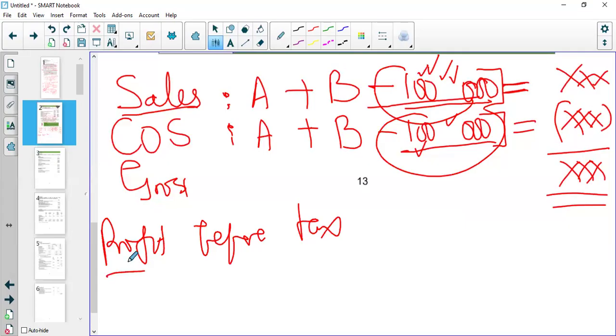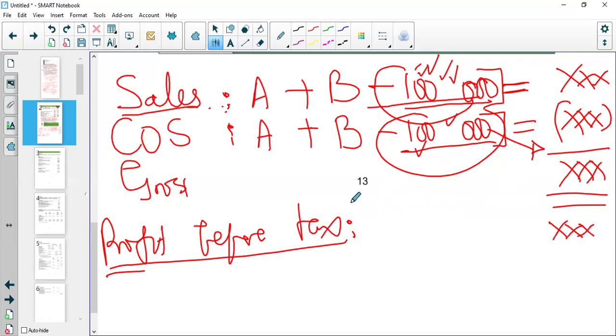You're not starting from sales, cost of sales, gross profit. This adjustment for intragroup sales will not affect profit before tax because it has no impact on profits. So the profits will remain as they are.